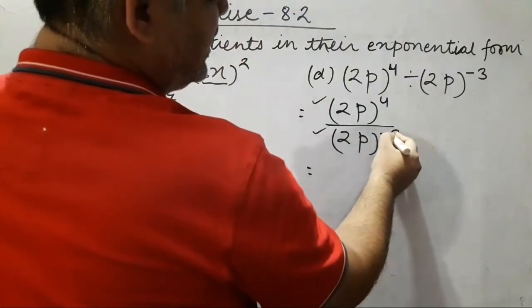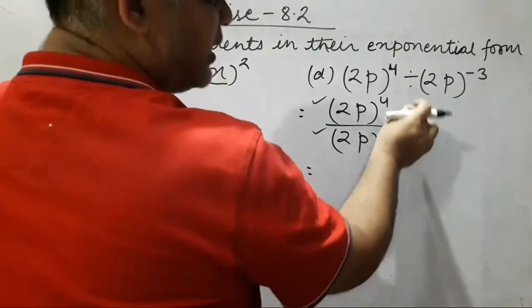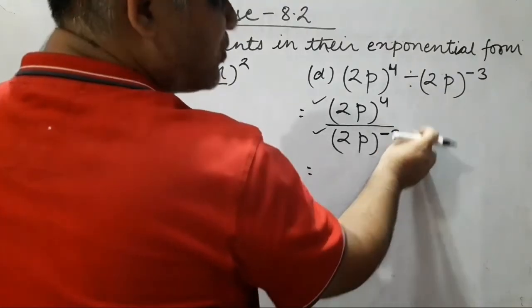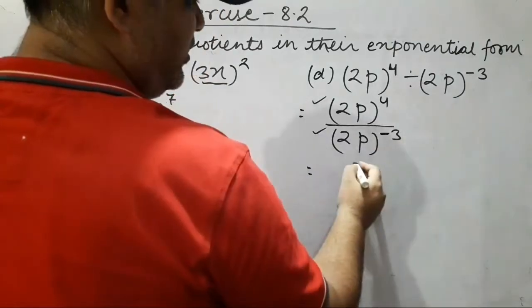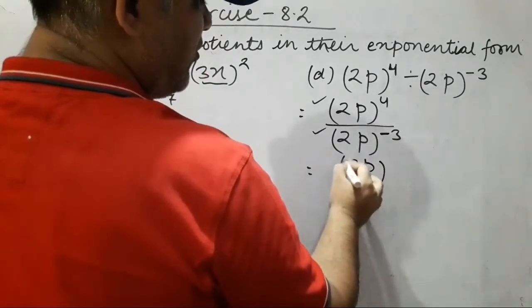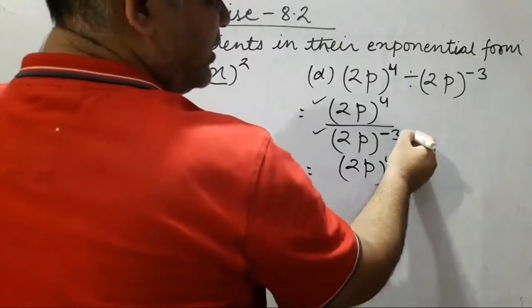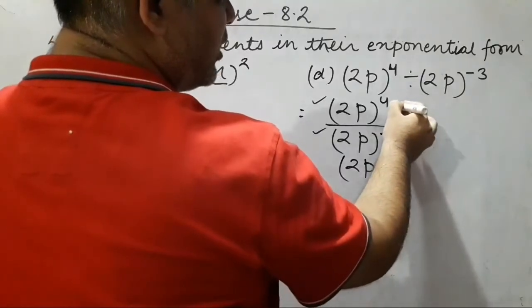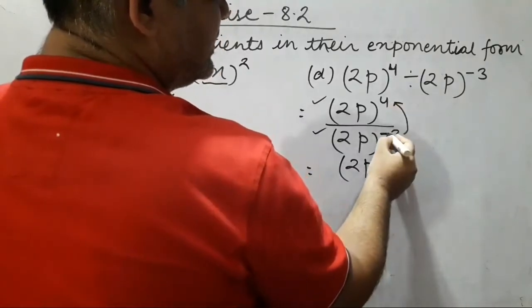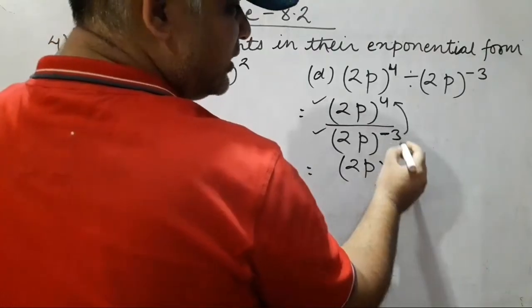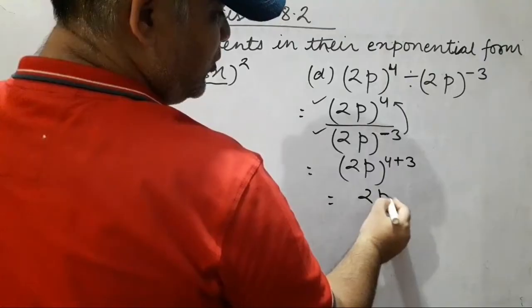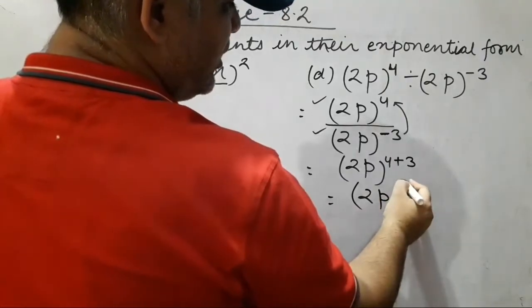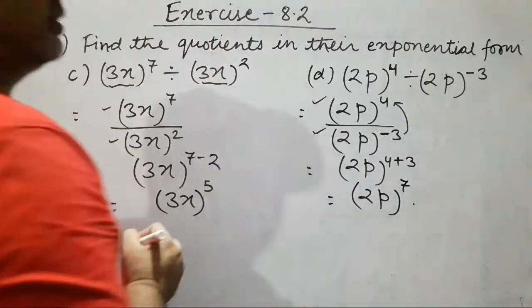So when this minus 3 will be subtracted from 4, then this minus 3 will be plus 3. So 2p power 4. Now minus 3 will be subtracted from plus 4, and since 3 is already in minus, so it will be plus 3 equal to 2p bracket power 7.